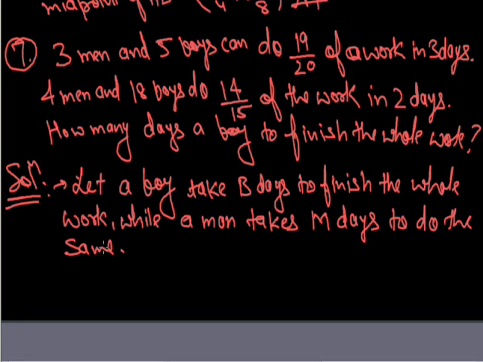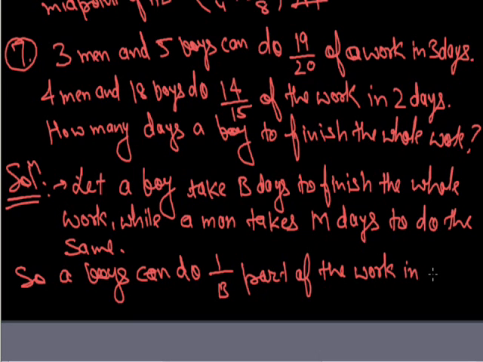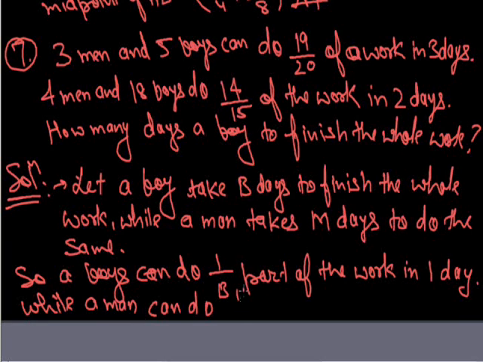So, if a boy can complete the whole work in B days, then a boy can do 1 by B part of the work in 1 day, while a man can do 1 by M part of the work in 1 day.